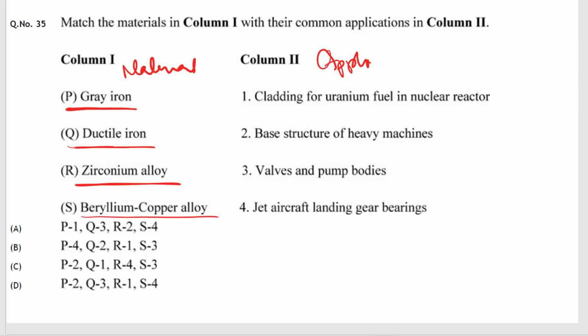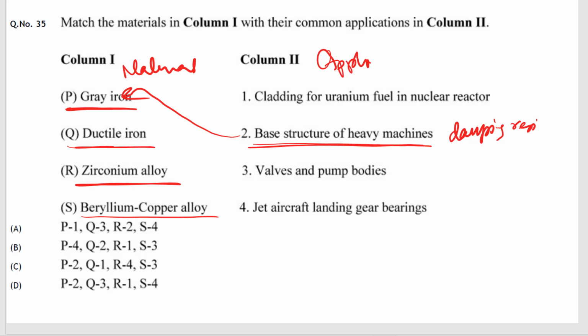So gray iron, if you see the application, cladding for uranium fuel in nuclear reactor, base structure of heavy machines. We know base structures should have high damping resistance, right? And damping resistance is better in gray iron, that is gray cast iron. So P will match with 2, right?